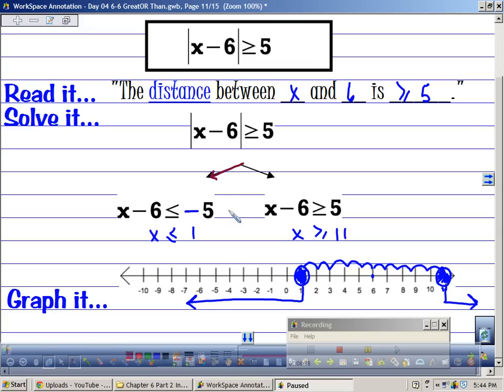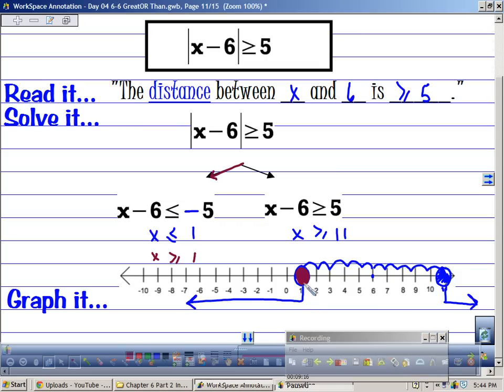Well, let's see what would happen if I didn't. If I didn't switch the sign, it would say x is greater than or equal to 1. Okay, let's look at that. So it would be going in this direction. Correct? Well, what does this say?